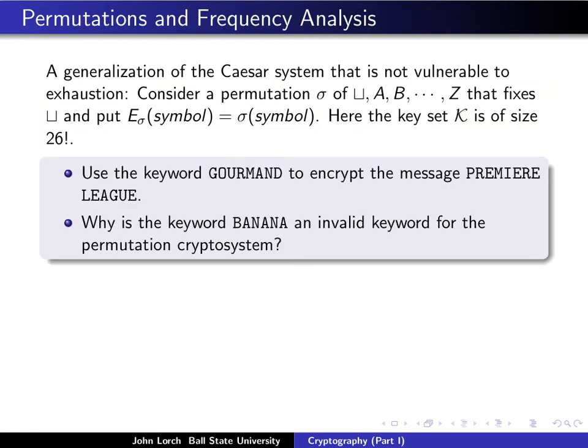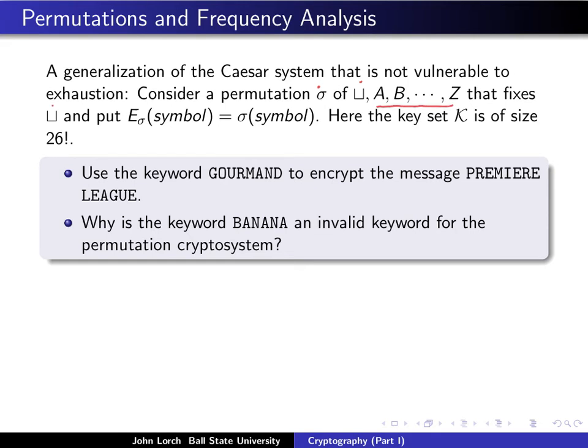One way to prevent an attack by exhaustion with the Caesar's cryptosystem is to allow more general permutations of the alphabet. So for instance, let's consider just any permutation, call it sigma, of the space character and the letters of the alphabet that fixes the space character.